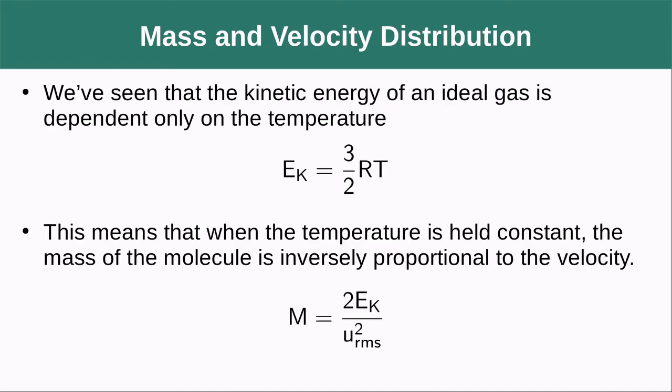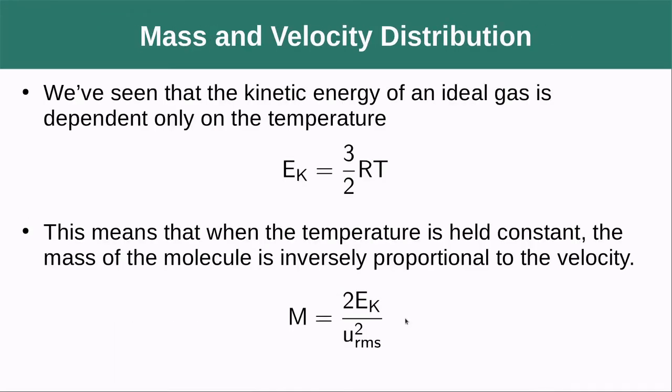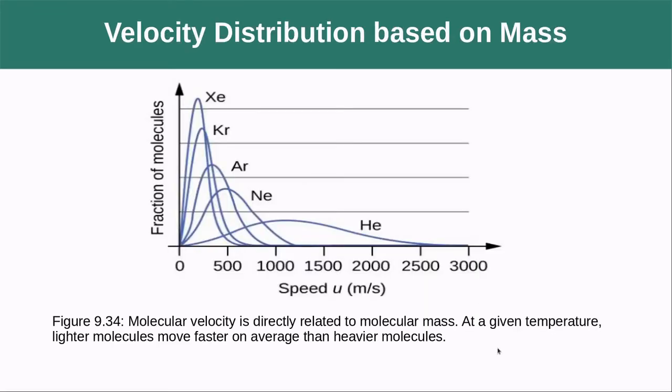So if we go back here and solve for M, we will get this value here, provided that we hold the temperature constant. Here's an example of the velocity distributions based on mass for various noble gases at the same temperature.